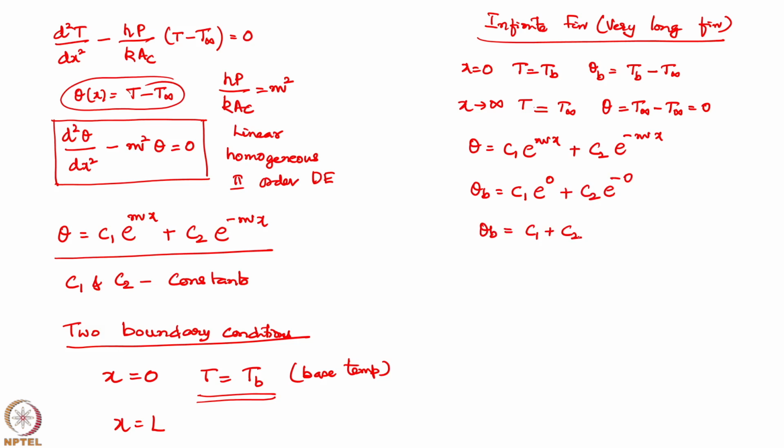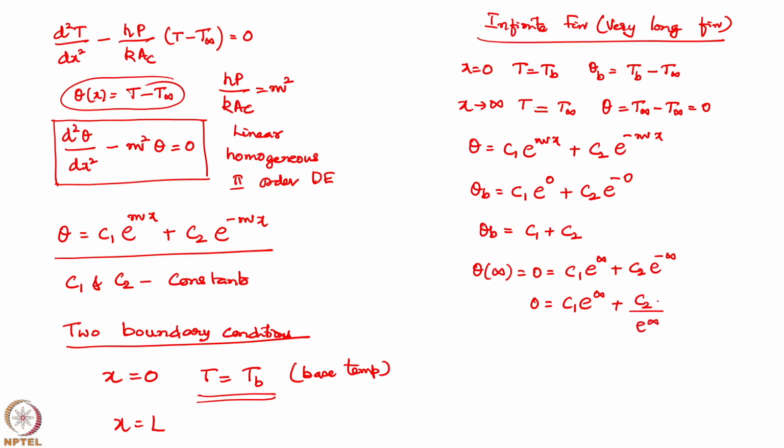And the other boundary condition is theta at x tending to infinity is equal to 0, equal to C1 e to the power of infinity plus C2 e to the power of minus infinity. So this can be written as C1 e to the power of infinity plus C2 divided by e to the power of infinity.